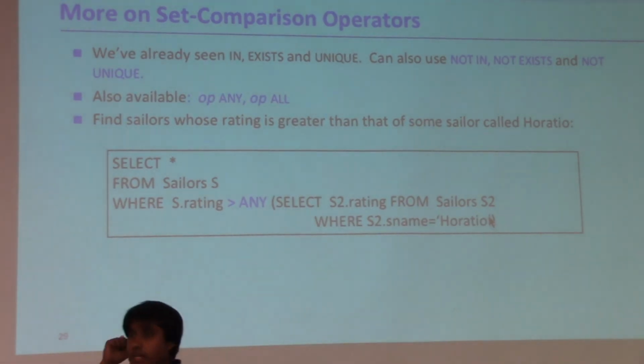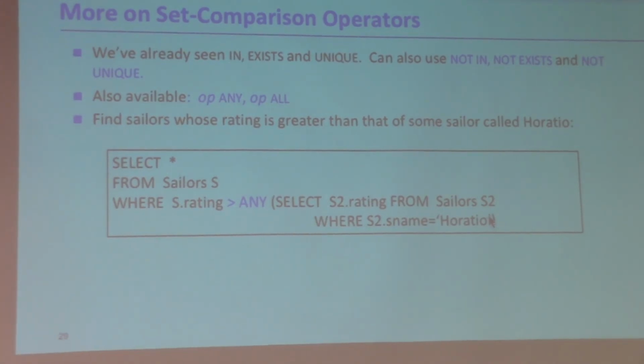So whatever the rating of Horatio is, I want to find the names of sellers who have more than Horatio. Okay? So if seller Horatio has, say, a rating of 5, I want to find any seller who has a rating greater than 5. Okay?